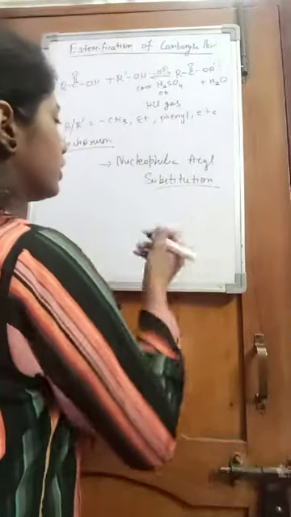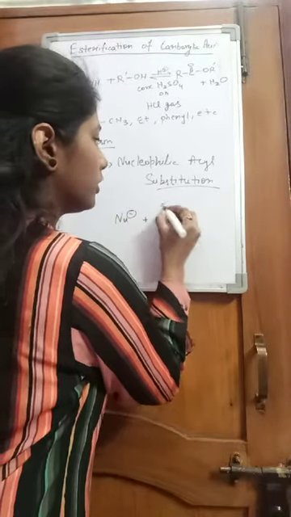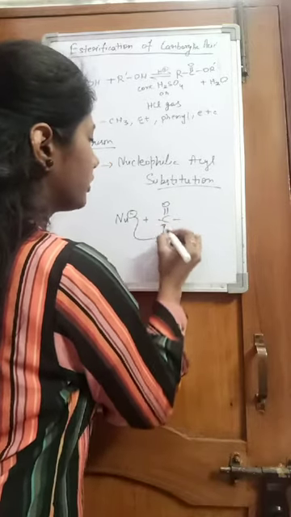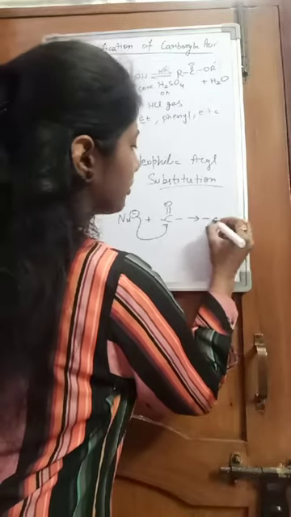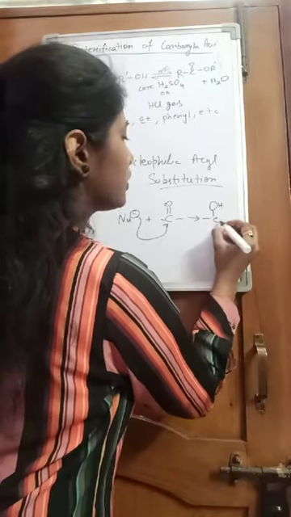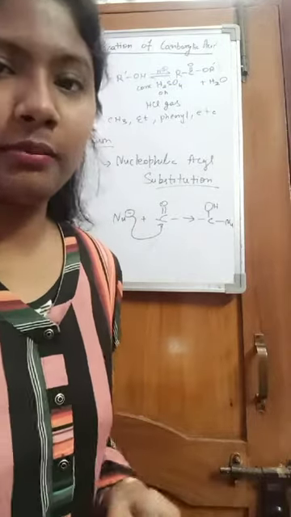For simplicity, as an example, I'm writing that a nucleophile attacks the carbonyl carbon and gives you an addition product. That means you're going to get OH and a nucleophile. It's just for basic understanding; the whole reaction I'll be explaining just now. So it's a nucleophilic acyl substitution.